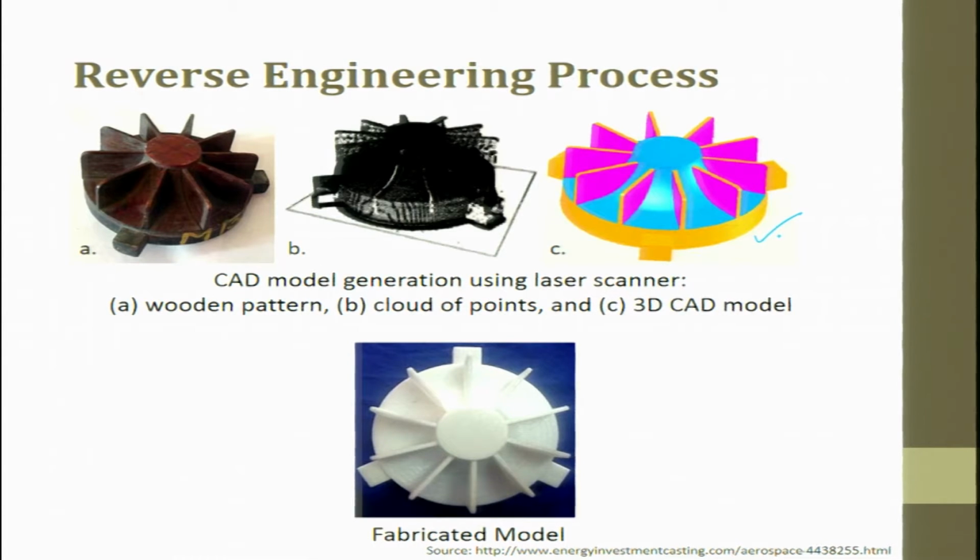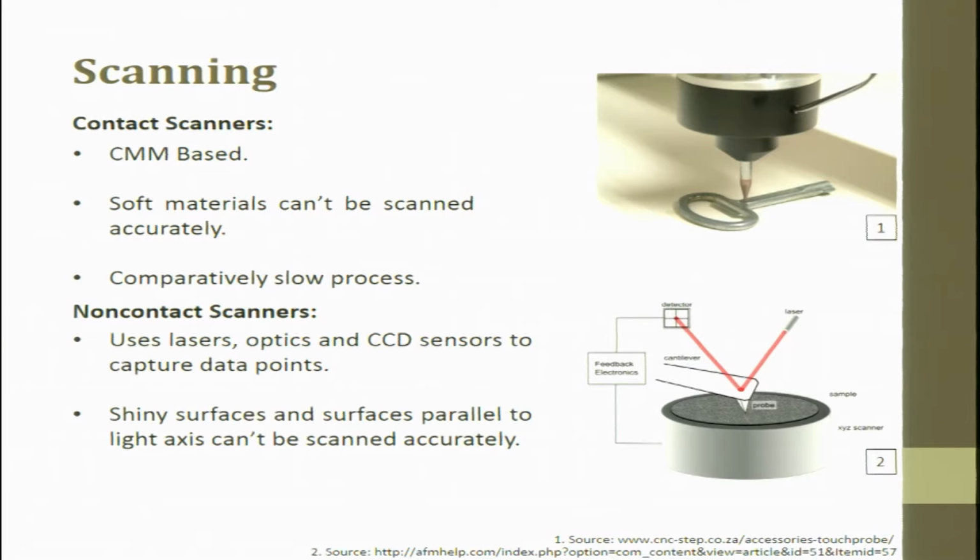From the 3D data, you can directly send it to a CNC machine, or directly send it to an RP machine, so that you get the same product manufactured. Depending upon the time and the accuracy you spend here, the output will be very close to the input, whatever it is.